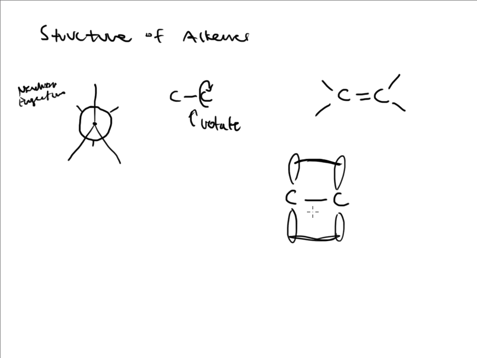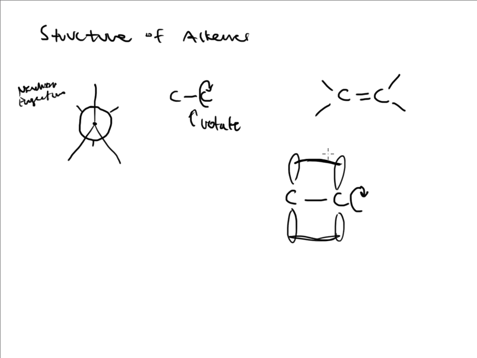Now here's the problem. If we begin to rotate these bonds, just like we did in the alkane world, what will happen is that the p orbitals will begin to snap. They don't really overlap that well.